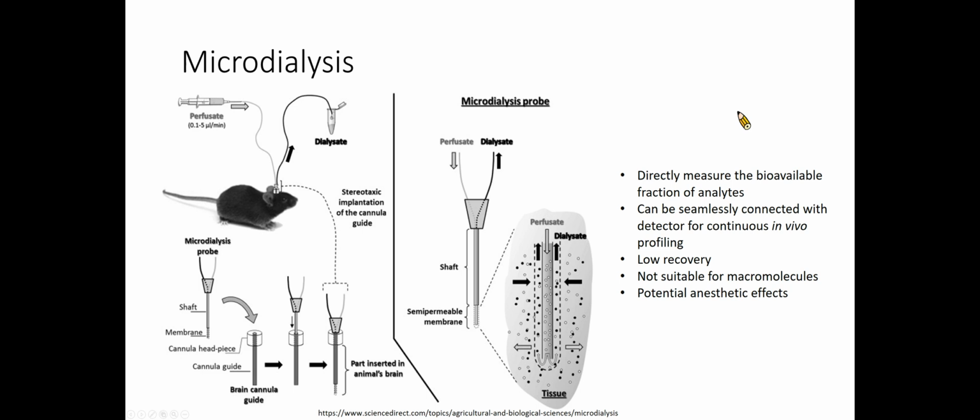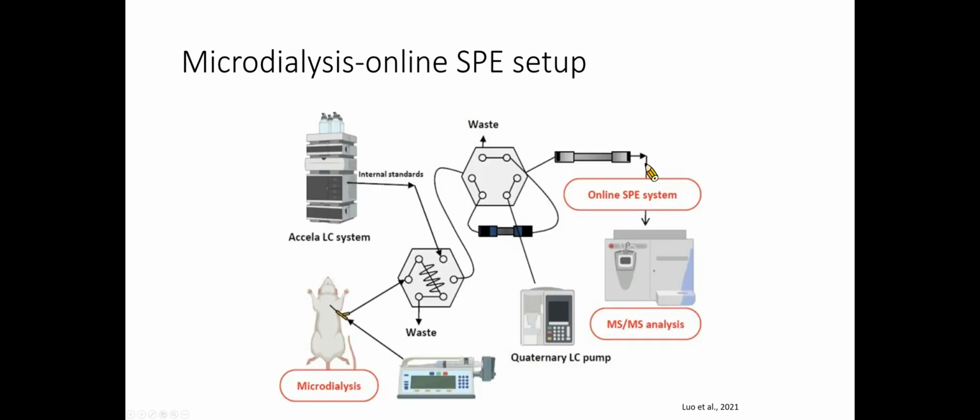Microdialysis coupled with online SPE is very useful for pharmacokinetic or toxicokinetic studies in animals. This is our previous work using microdialysis coupled with online SPE for the toxicokinetic studies of aquaamine glutathione conjugates in SD rats.